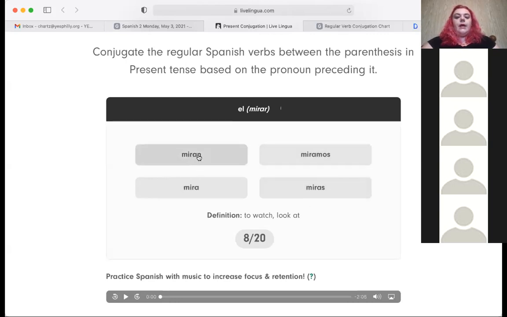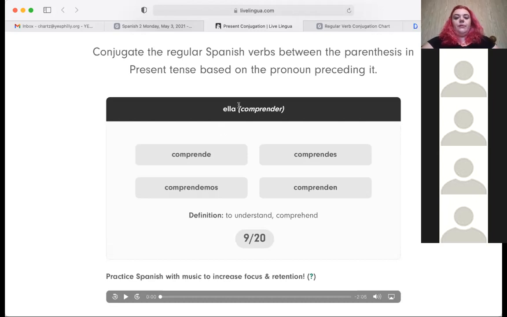Is it going to be an AN ending, an AMOS, or AS, depending, because it's L. So which one is it going to be? Anybody want to take a guess? Yep, you said it's mira. That's correct, because it's L and it's an AR verb.